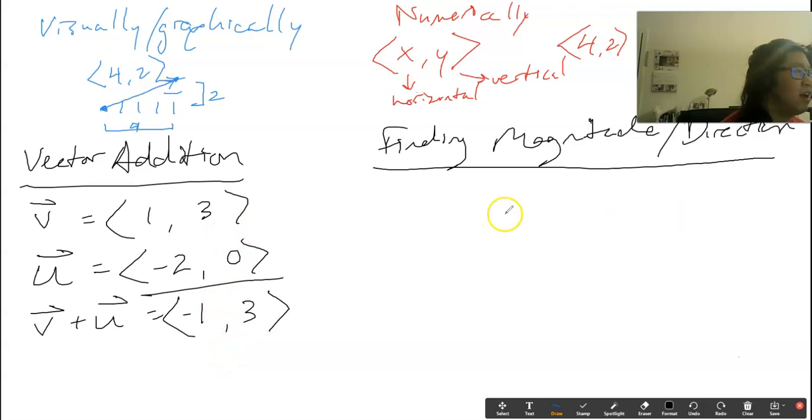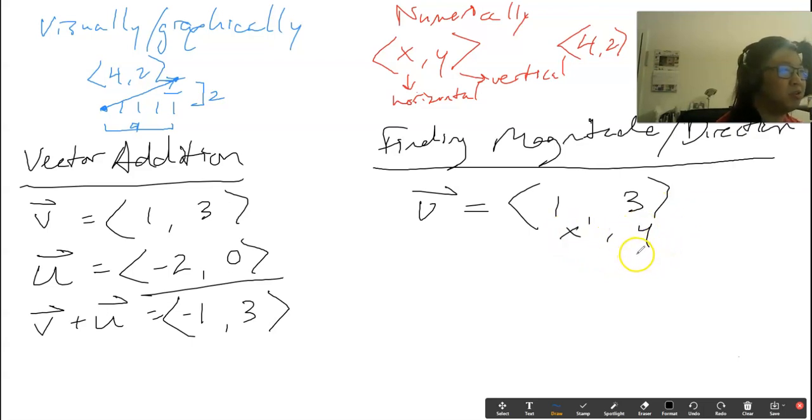As for finding your magnitude and direction, this is a little more complicated. Let's use our example v as <1, 3>. This is where your trig is going to be very helpful to you. Remember that this is your x and this is your y component, which otherwise refer to your adjacent and opposite sides, if you remember from our trig lessons on the unit circle.